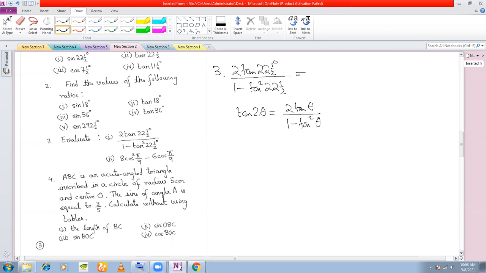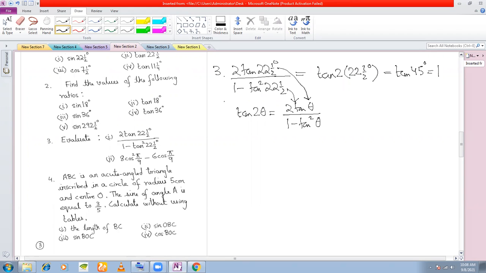So now if you see, this is of this form, where theta is equal to 22.5. So therefore, what is this equal to? You can directly write this equal to tan twice 22.5 degree, which is equal to tan 45 degree, which is equal to 1.